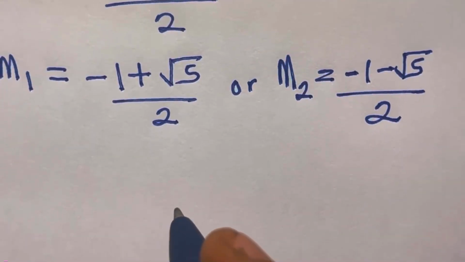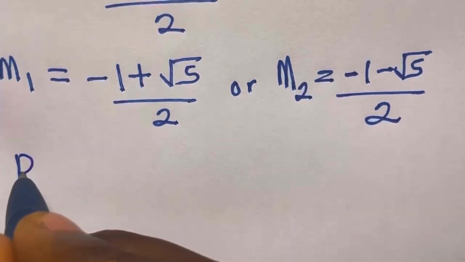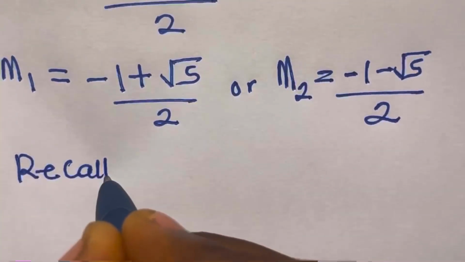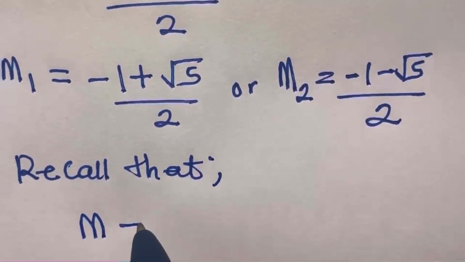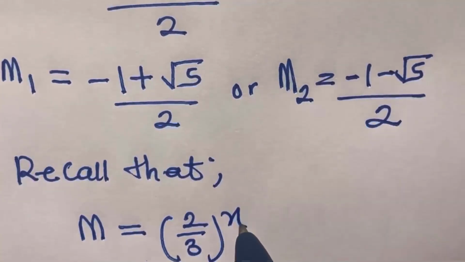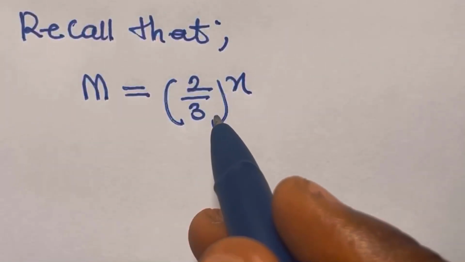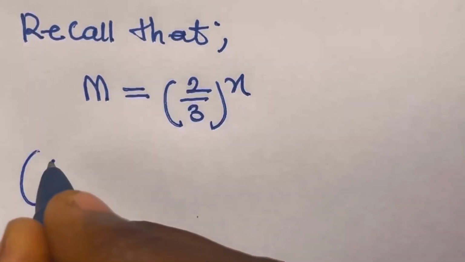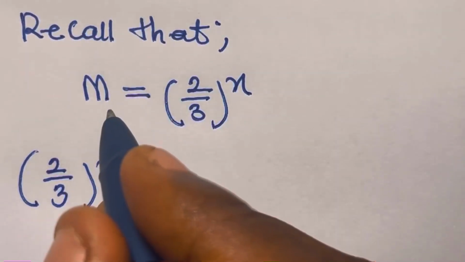But we are not asked to find m, we are asked to find x. So we recall that m equals 2 divided by 3 raised to the power x, right? So from here we have 2 divided by 3 raised to the power x equals, let's first do with m1.